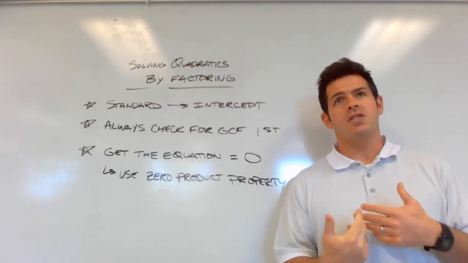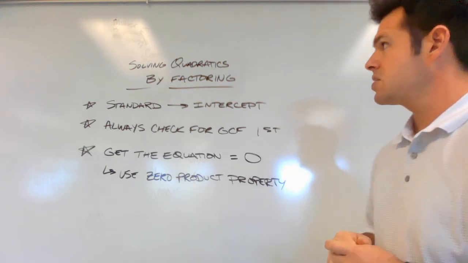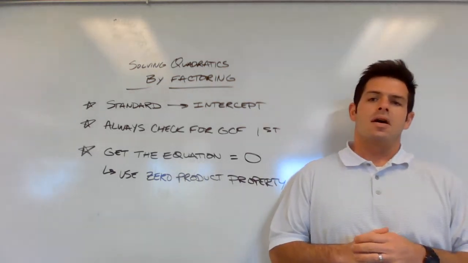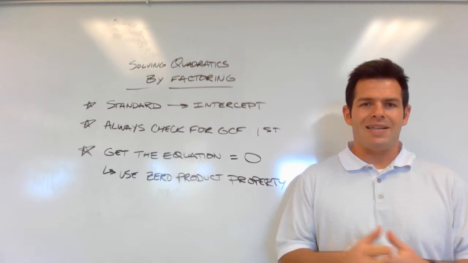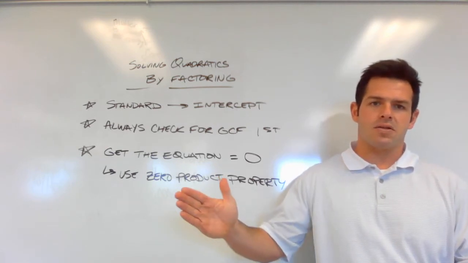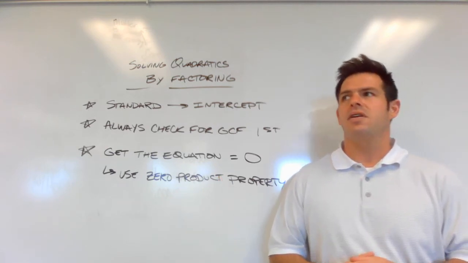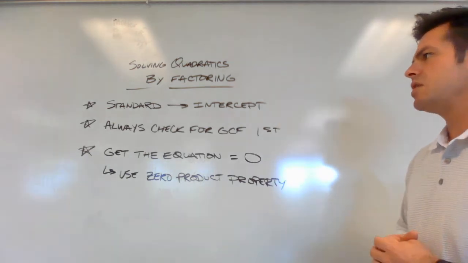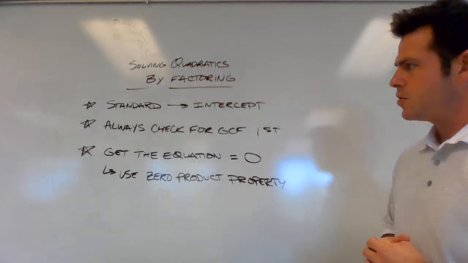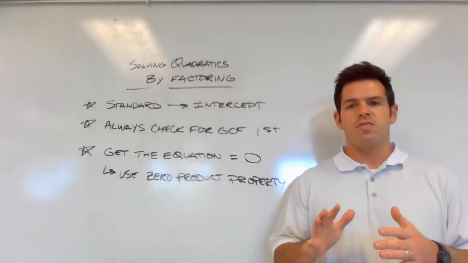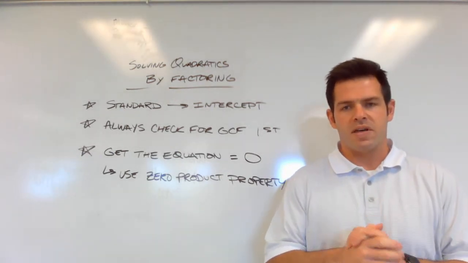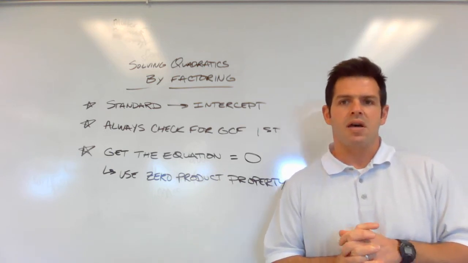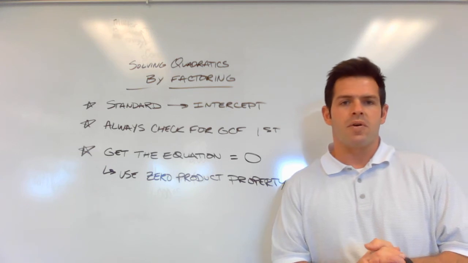So when we solve these quadratic equations, we're going to try to do it by factoring for the most part. A couple key ideas to take with you throughout this unit. The first idea is that what we're interested in here is going from the look of standard form, ax squared plus bx plus c, to intercept form.